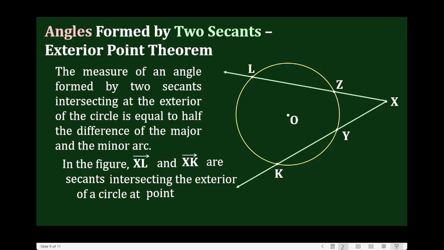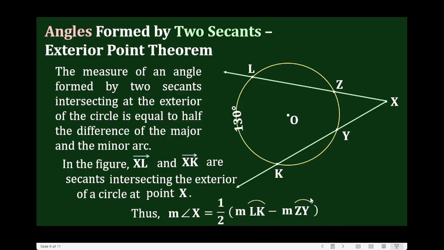Now, to get the measure of that angle, we have this formula. The measure of angle X is equal to 1/2 the measure of arc LK minus the measure of arc ZY. Now suppose arc LK is 130 degrees, and the arc ZY measures 50 degrees.